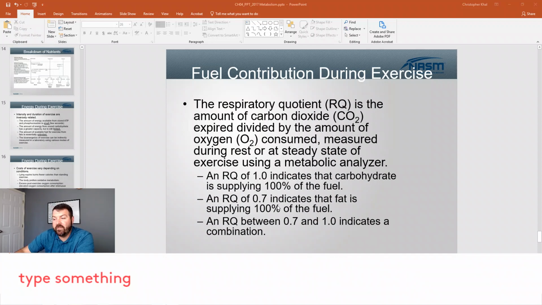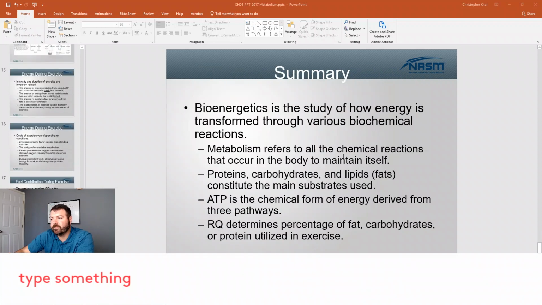If it's 0.7, it means you're using 100% fat. But usually you're going to be somewhere in between, using some combination of the two, depending on what it is.